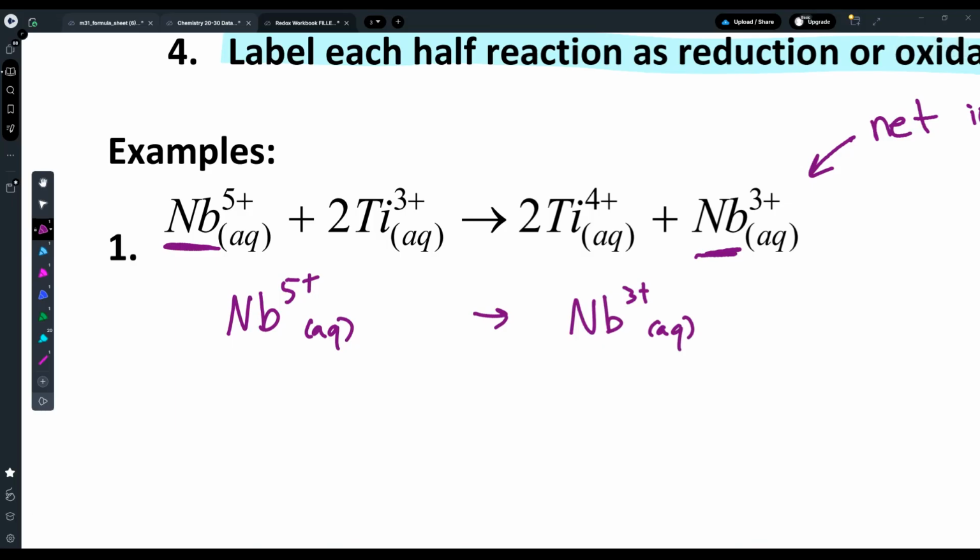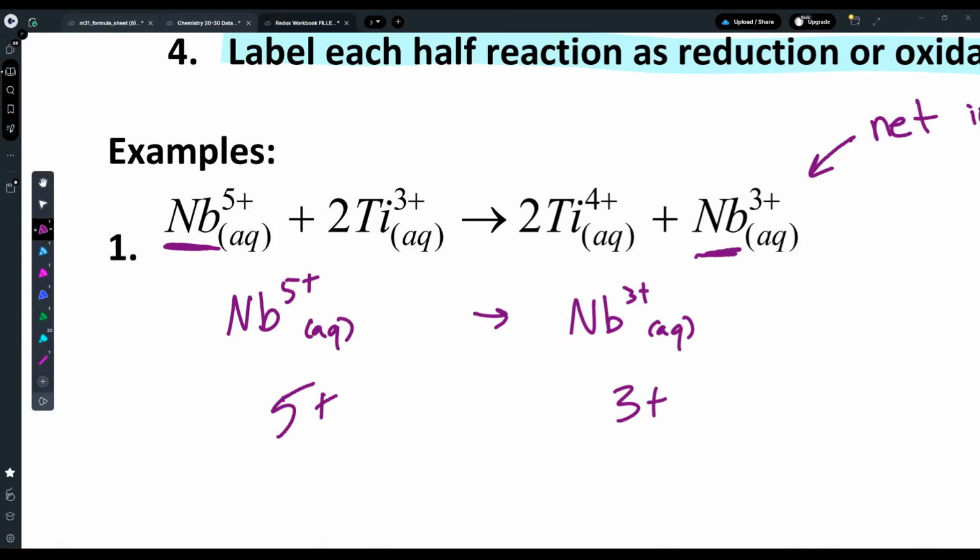So I've taken out one half of the reactions from the net ionic equation so far. Now I'm going to look and say, okay, the reactant side has a total charge of 5+, whereas the product side has a total charge of 3+.